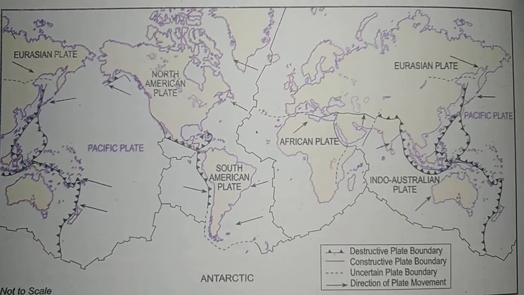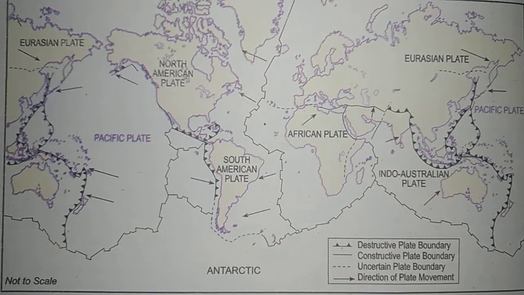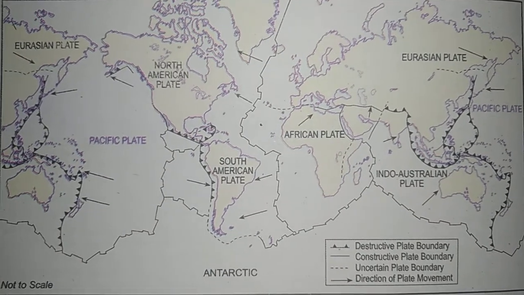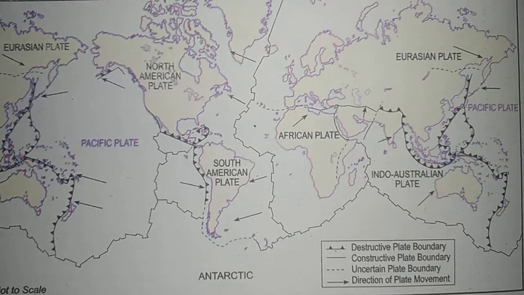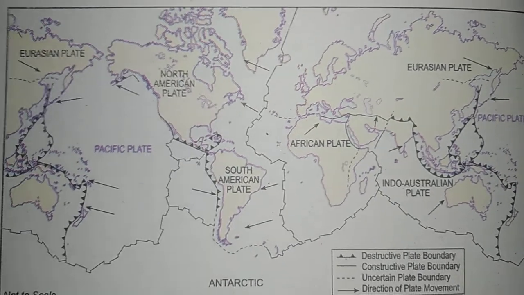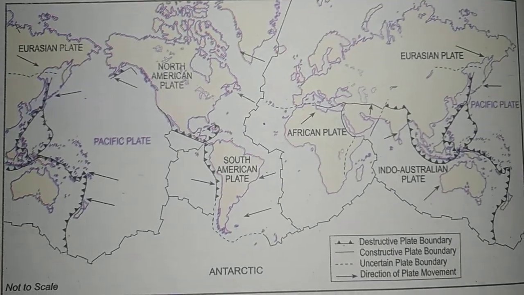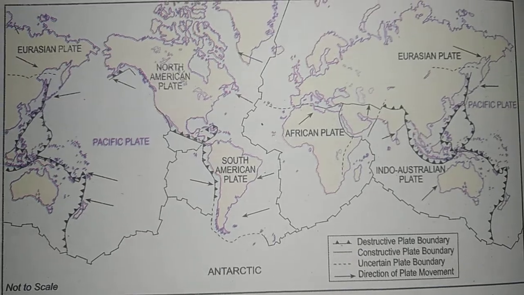Due to this collision, the sedimentary rocks which were accumulated in the geosyncline known as the Tethys were folded, which resulted in the formation of the mountain system of Western Asia and the Himalayas.